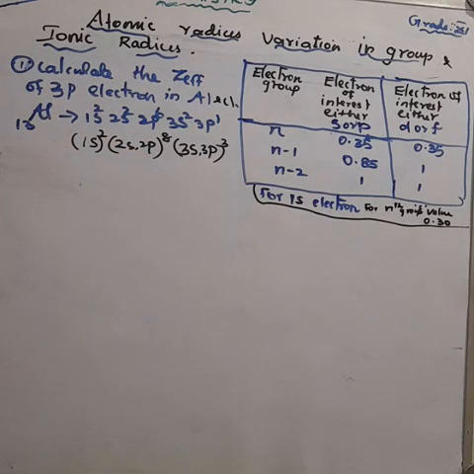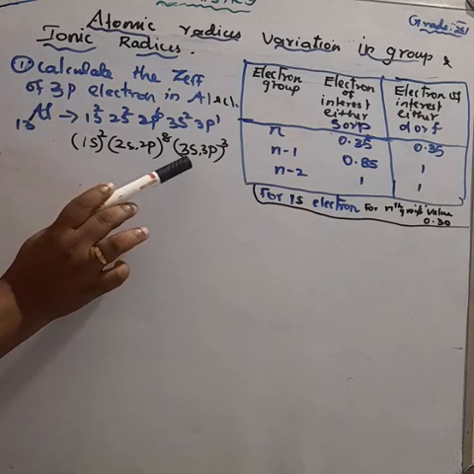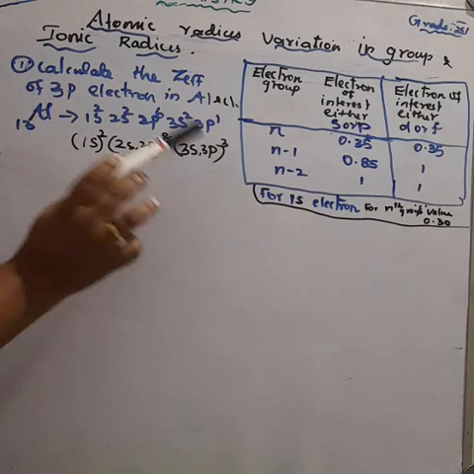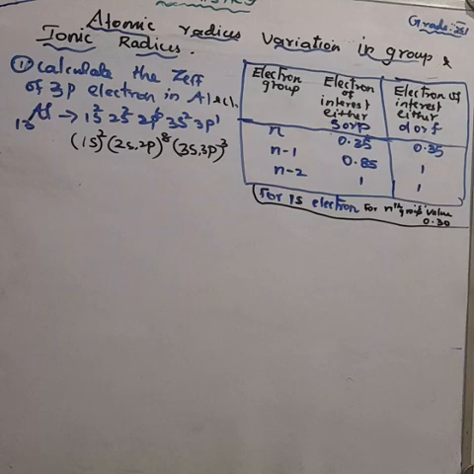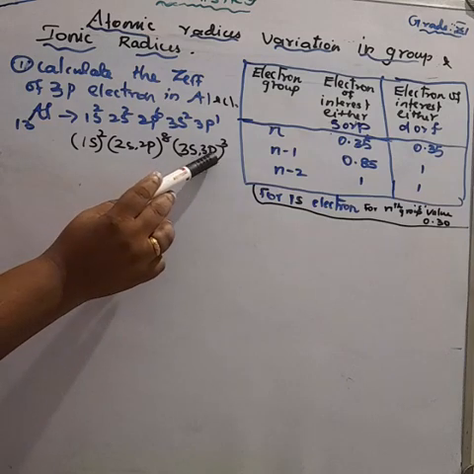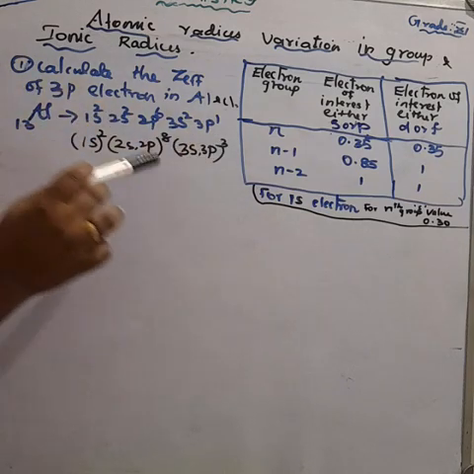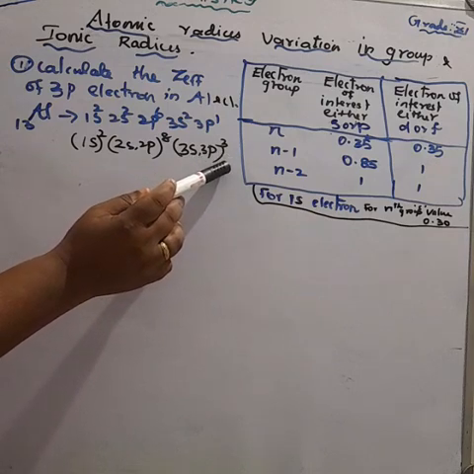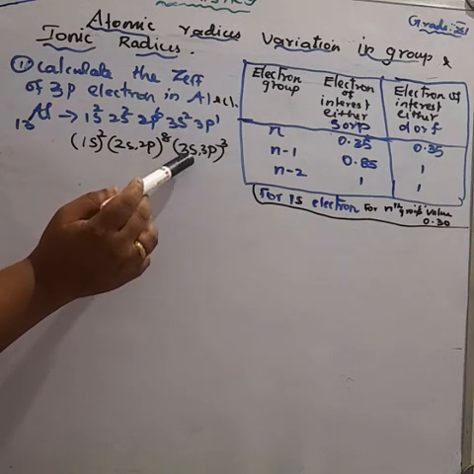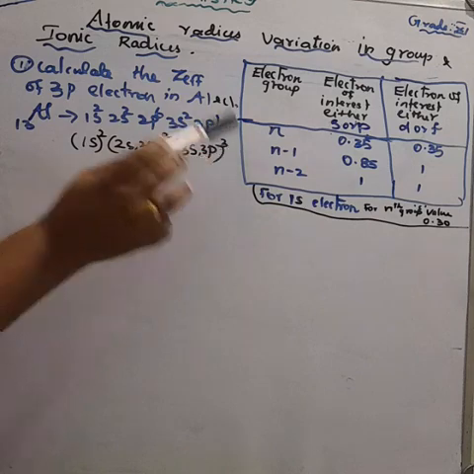So for this 3p electron you are going to calculate it. 3p means the s and p orbitals are grouped together. So totally 3 electrons are there.